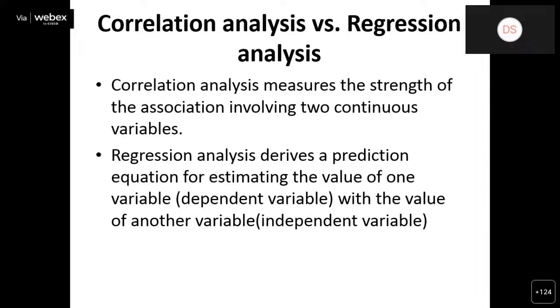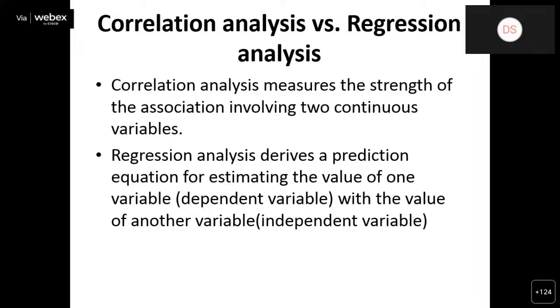Distance is a continuous variable and the number of visits is also a continuous variable. And the second example is the time spent studying and the examination marks. Time spent studying is a continuous variable and the examination mark is also a continuous variable. So the correlation analysis measures the strength of the association involving two continuous variables.